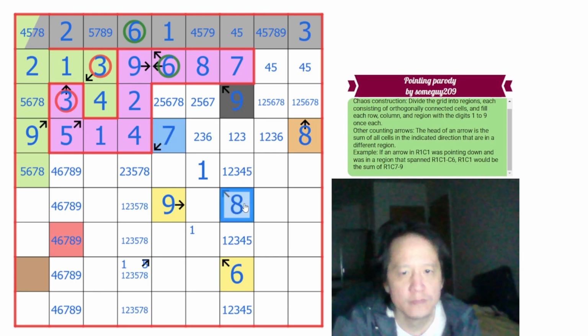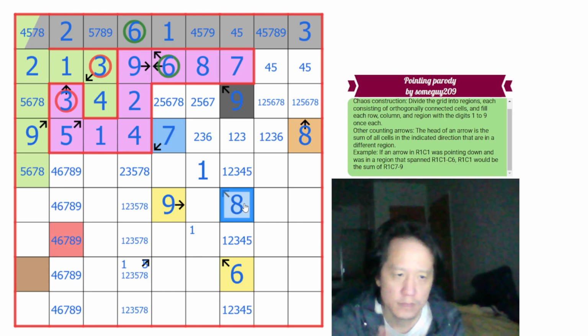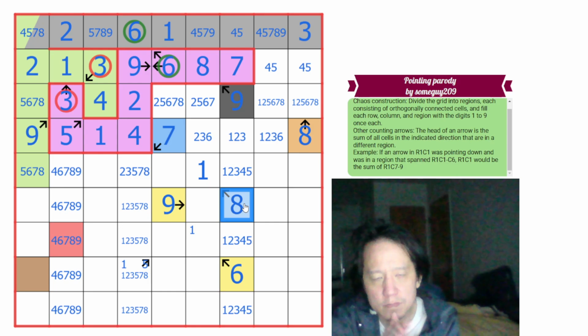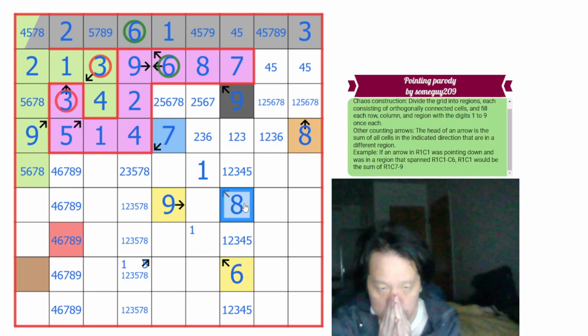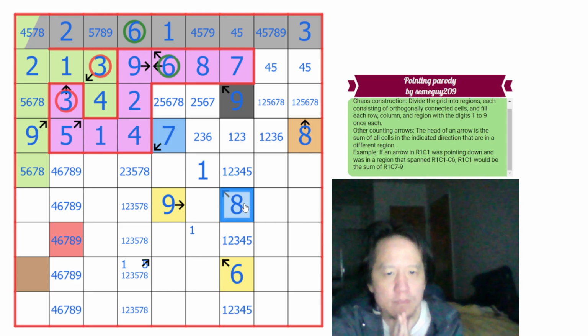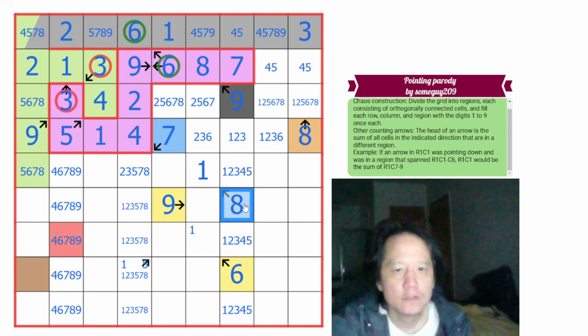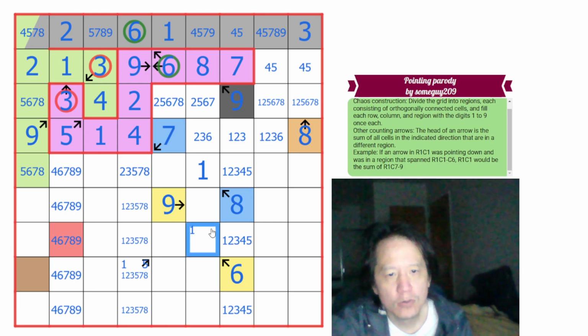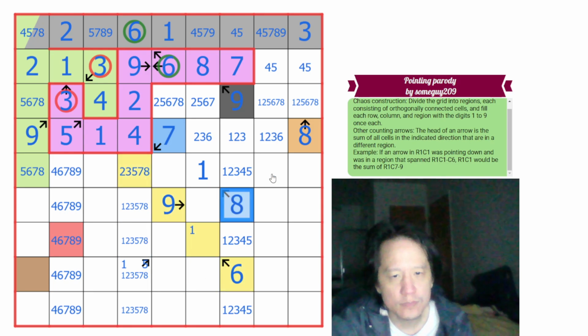Okay. So these are all yellow, if that's the case. This can't be 2.